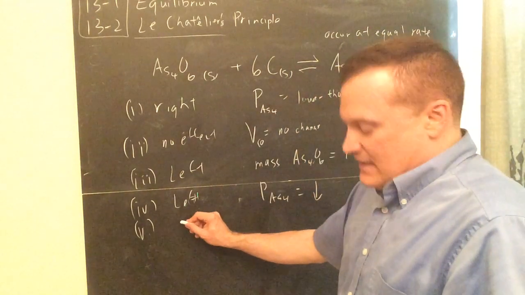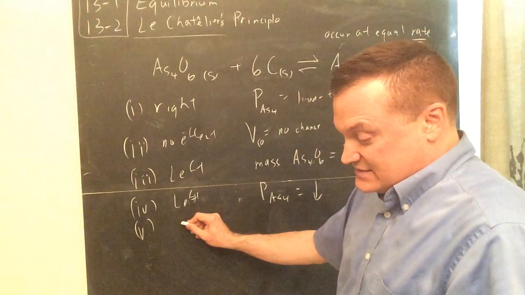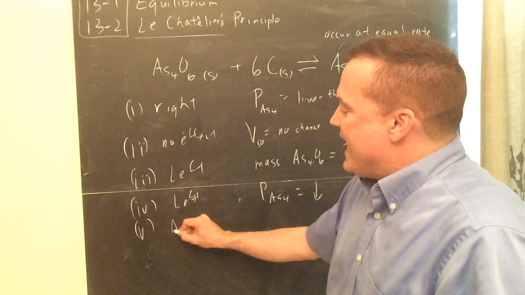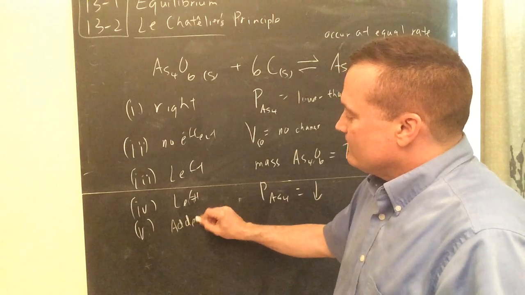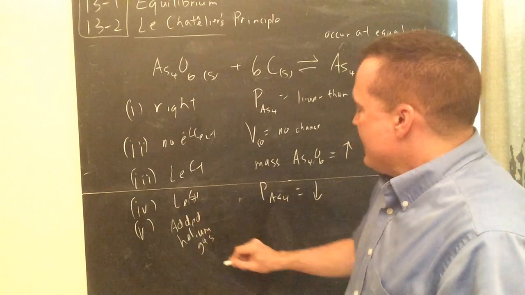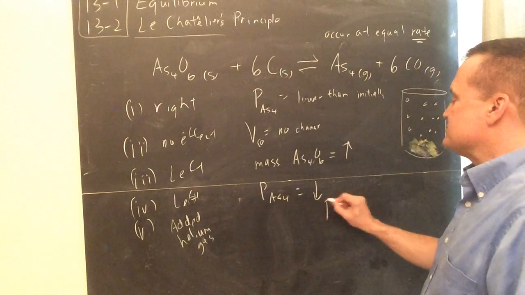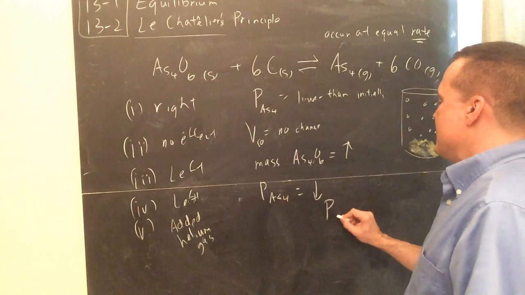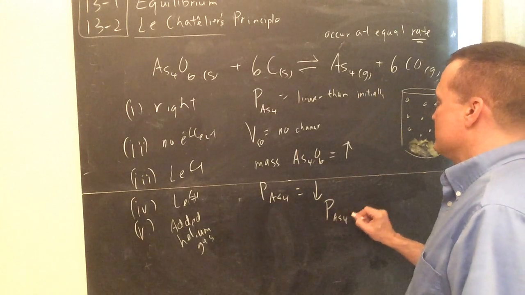First of all, if we add a catalyst, that's actually the next little frame. I'll wait on that one, but I'll just say this: what if we added helium gas? How would that affect the pressure of, let's just say, AS4 gas?